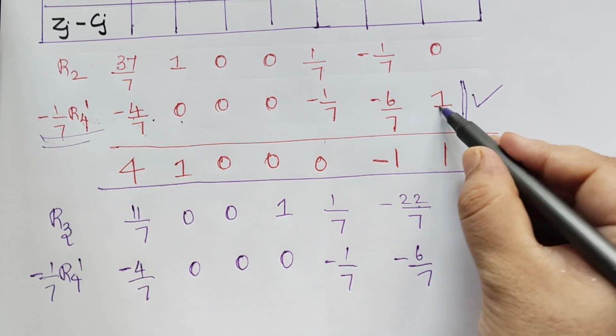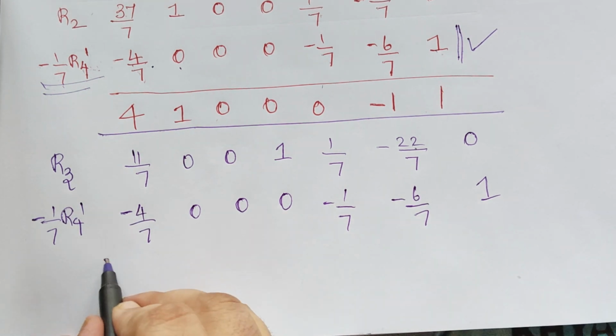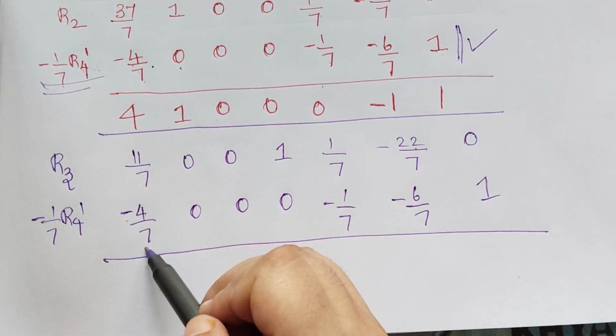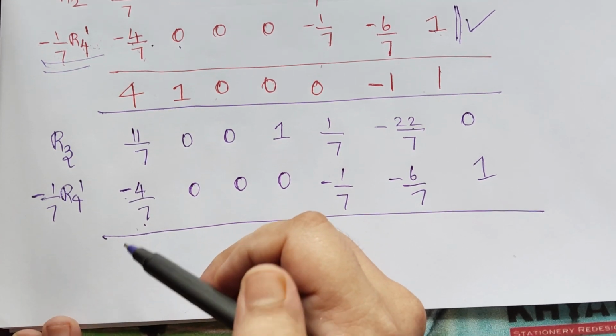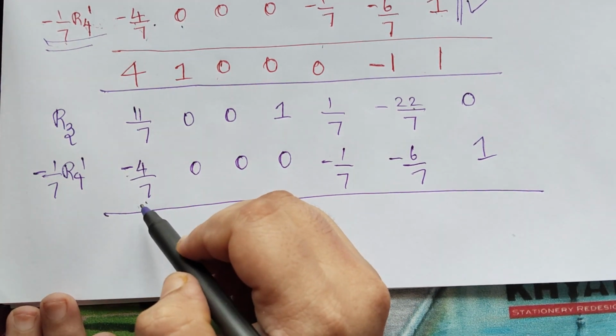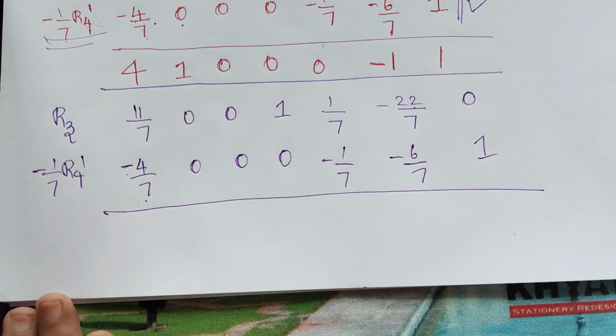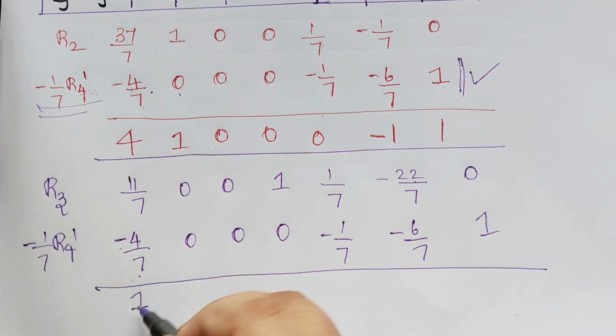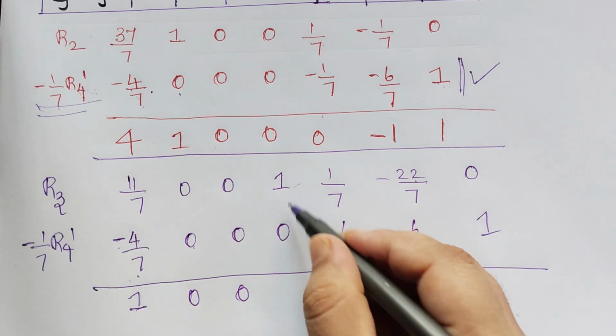Now we will add these two. What is 11 by 7 minus 4 by 7? 11 minus 4 is 7. So 7 by 7, which is 1. Okay, then 0 plus 0 is 0, 0, 1 plus 0 is 1. When you add these two, they get cancelled.